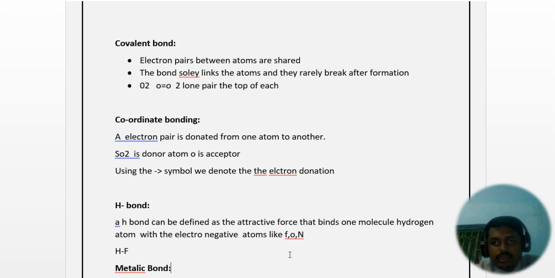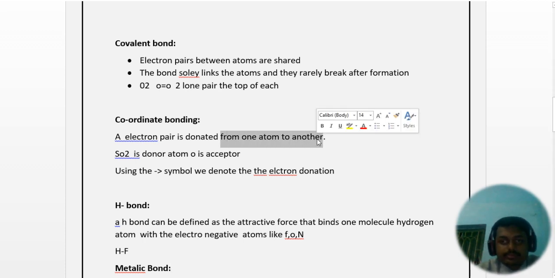The next type of bonding is coordinate bonding. In this type of bonding, one lone pair of an atom of a molecule is being transferred to another atom of a molecule. Sorry, an electron pair is donated from one atom to another.